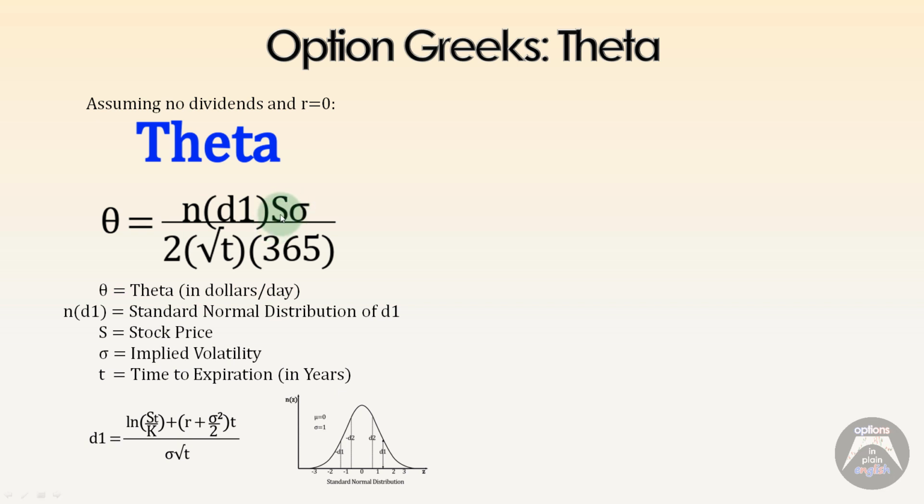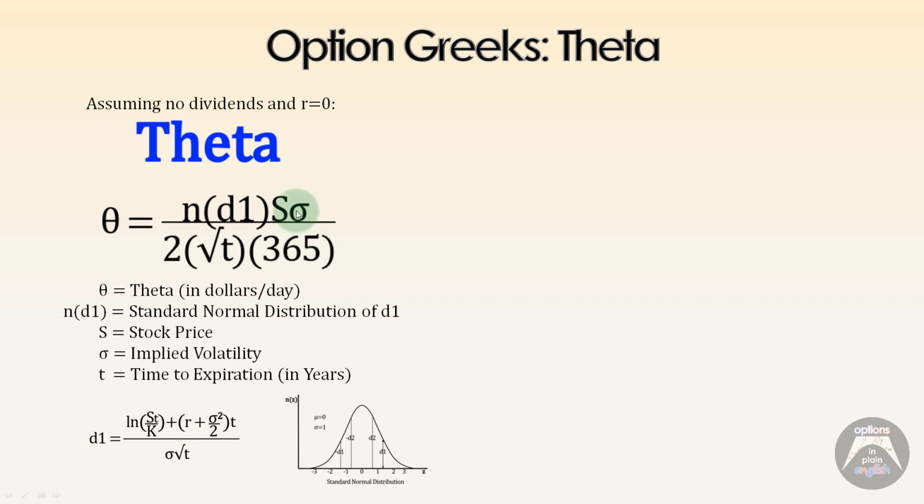Okay, because if the stock price is higher, then you're going to have a higher option price altogether. Therefore, the theta, the amount that you need to bring it down by in one day, is going to be higher as well. So that's why it's directly proportional. Sigma, implied volatility, is also directly proportional, because the higher the value of implied volatility you have, the higher the option premium is going to be.